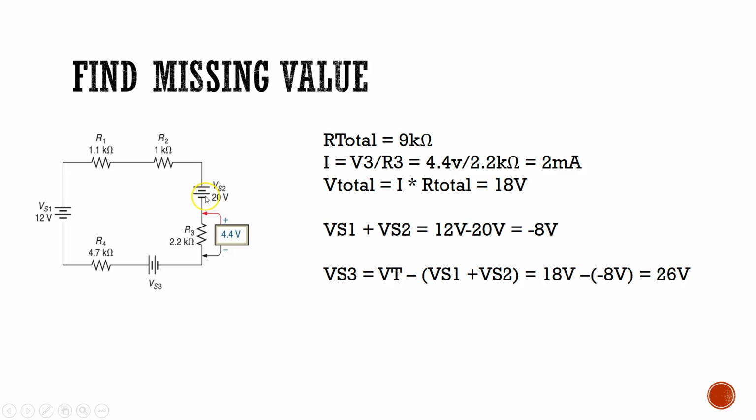We know that Vs1 and Vs2 combined is negative 8 volts. We can take that total voltage minus that combination, and that will be our missing source. So we have 18 minus a negative 8 volts gives us 26 volts for Vs3.